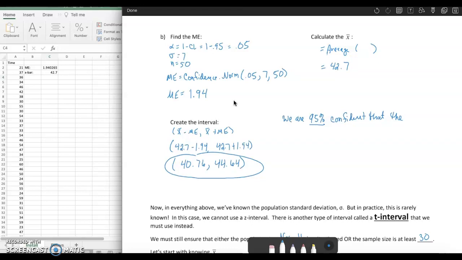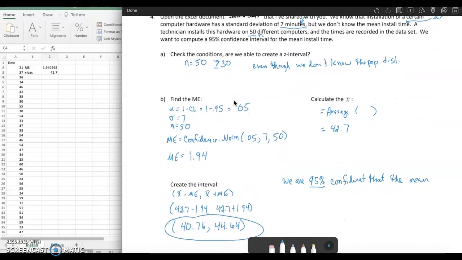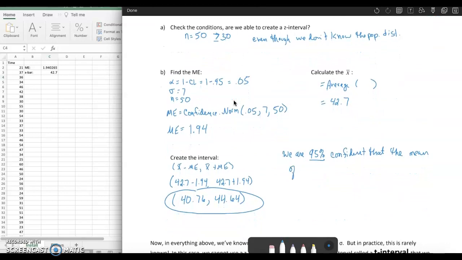Well, it's the mean, it's time, right? Or the mean of all install times is between 40.76 and 44.64 minutes. And that finishes up the problem.